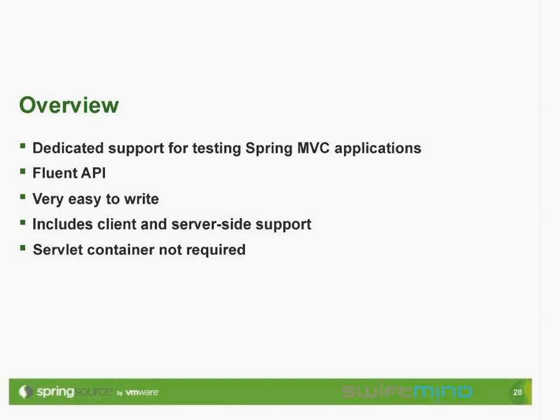Until version 3.2 of the Spring Framework, we have actually never included dedicated support for testing Spring MVC applications, for example, controllers. And the typical testing scenario until now has been to write pure JUnit tests, perhaps relying on the mock HTTP servlet request and response, passing them into controller methods as necessary.